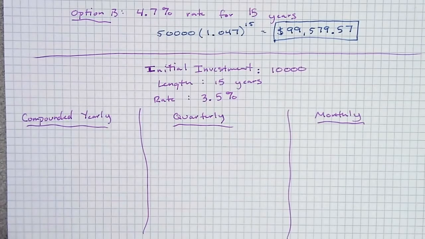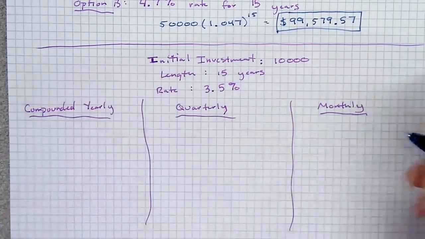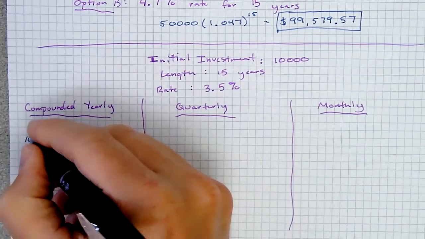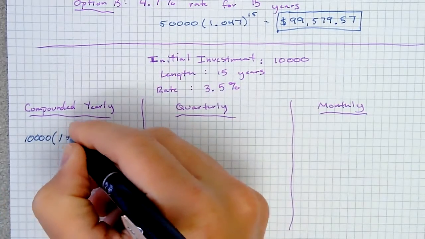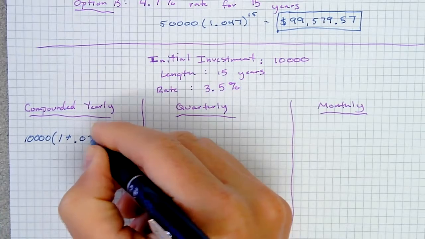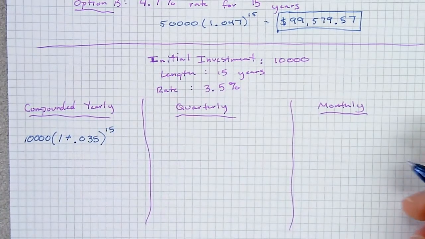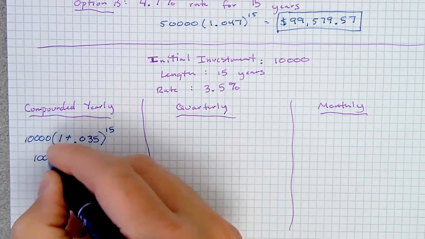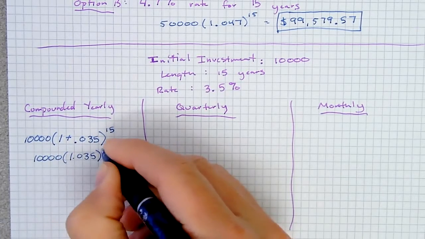All right, so compounded yearly. Same thing we've been doing, initial investment, 10,000. 1 plus our interest rate, which is 0.035 as a decimal for 15 years. Clean it up a little bit, 1.035 to the 15th.